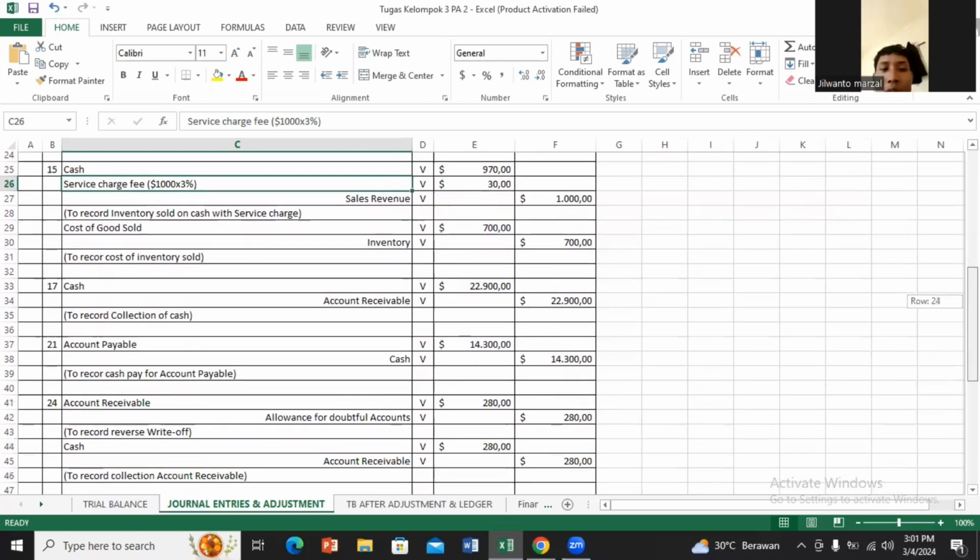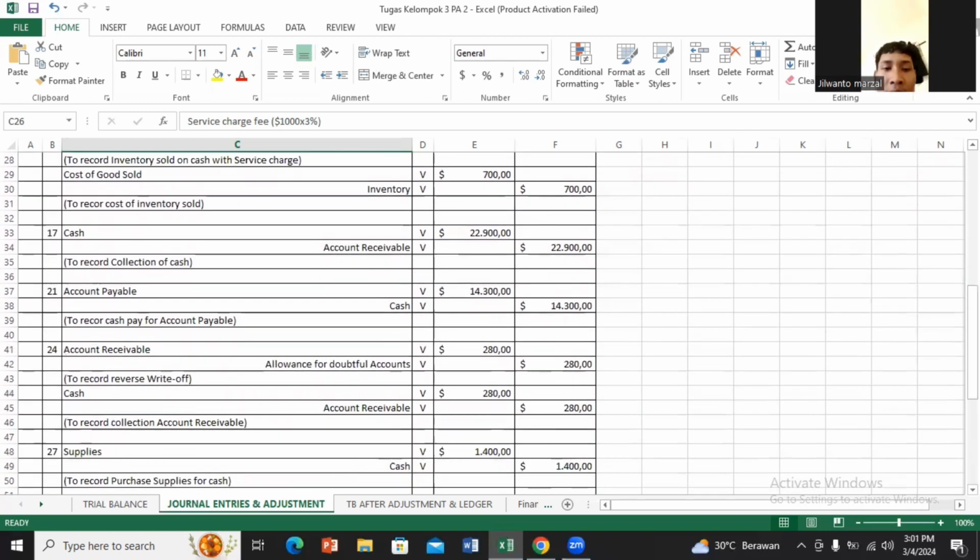Okay, next, on 17 January, Winter collected $22,900 from customers on account. So he collected the cash from the customer accounts. So the journal would be cash in debit for $22,900 and accounts receivable in credit $22,900.